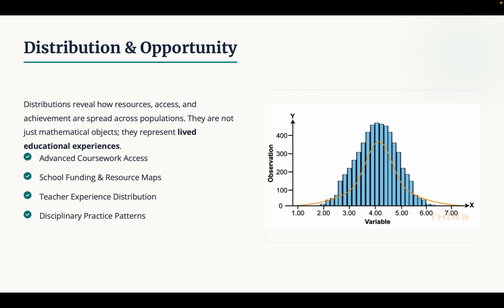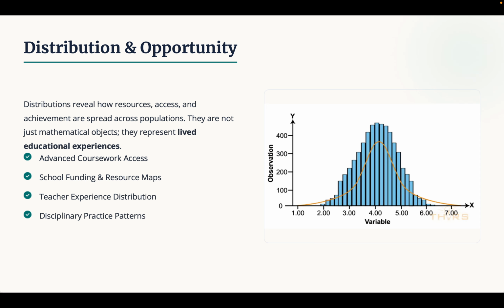Distributions help us understand how data are spread across a population. In educational research, distributions can reveal important information about access, achievement, opportunity, participation, and inequities. For example, distributions can help researchers examine patterns that are related to advanced coursework access, school funding, teacher distribution, disciplinary practices, or achievement gaps.